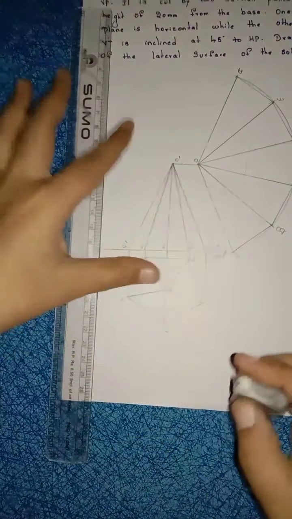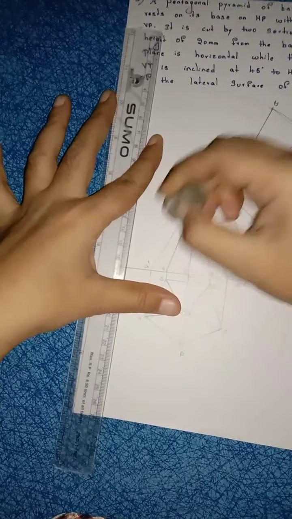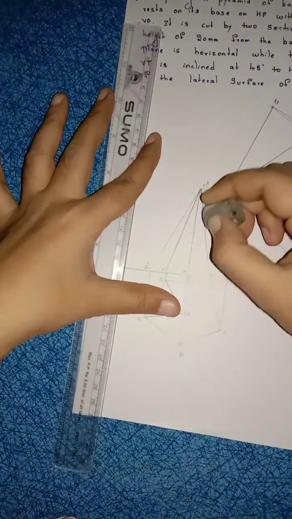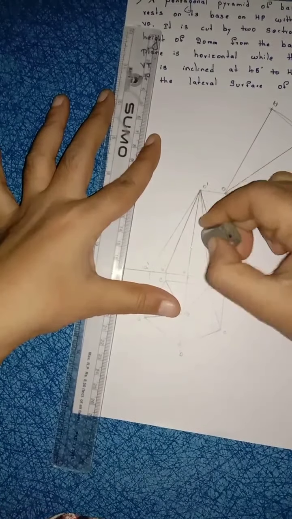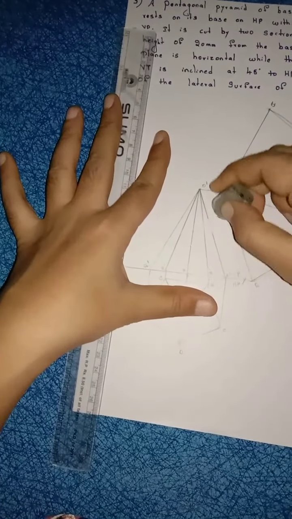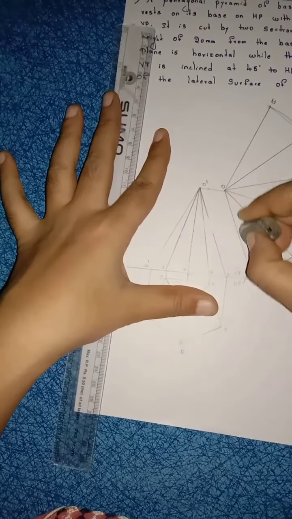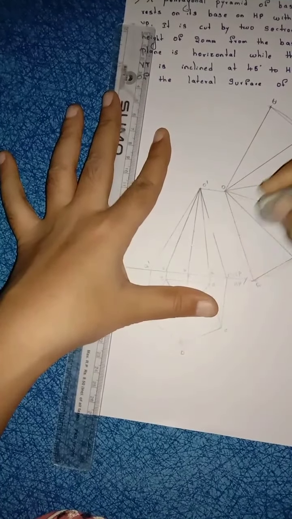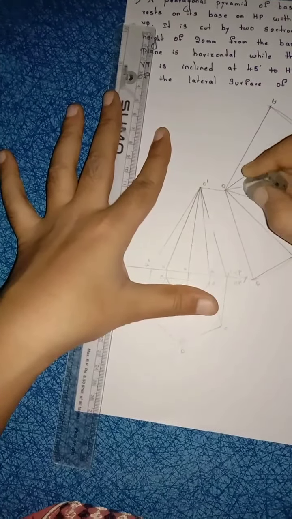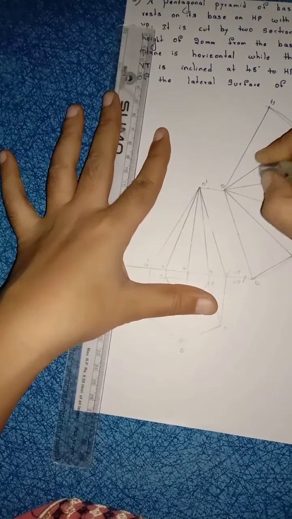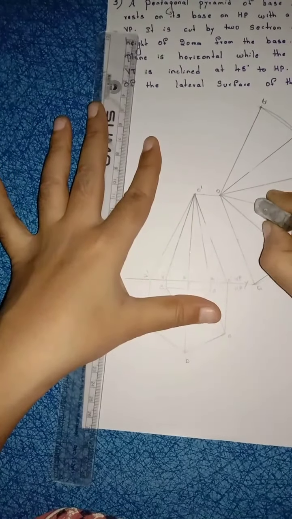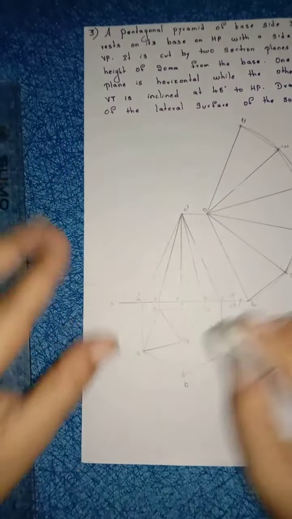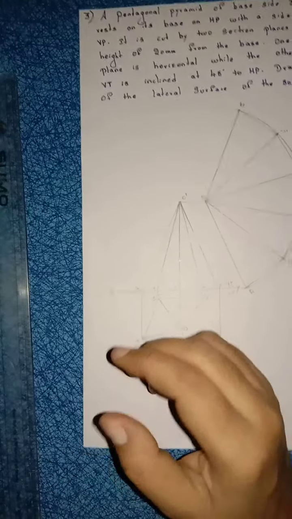Here, in all previous questions we have marked only one sectional plane, which is inclined at 45 degrees to HP, 60 degrees to HP, like that. But in this question they asked to construct two sectional planes which meet at a height of 20 mm from the base. So how to construct these two sectional planes? The first condition is that they meet at a height of 20 mm from the base.